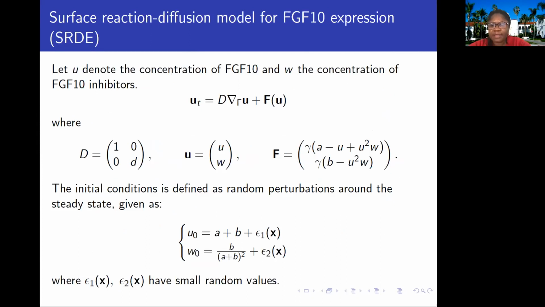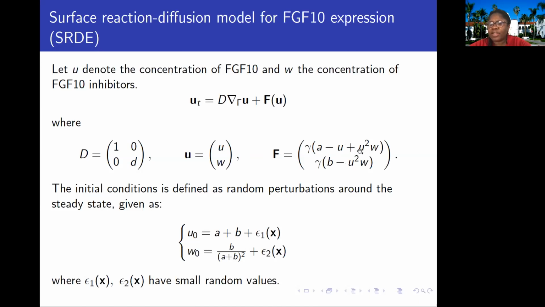Absolutely, yes, this is specific. This is what they call the Schnakenberg model. The F changes based on the type of reaction diffusion model you have. So what we picked was the Schnakenberg model, because what is going on here is that you have this nonlinear interaction.